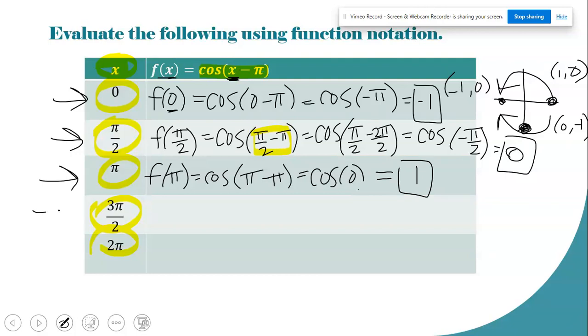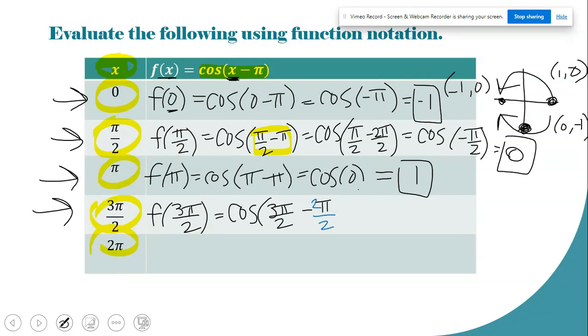3 pi over 2, we're going to need a common denominator for this one, but we'll continue on the pattern. We are plugging in 3 pi over 2 for x. That means we're going to have cosine of 3 pi over 2 minus pi. And if I just get a common denominator, you multiply this by 2 over 2, voila, we're here. 3, and now we can just work with the numerators. 3 take away 2 is 1, so you're left with cosine of just pi over 2.